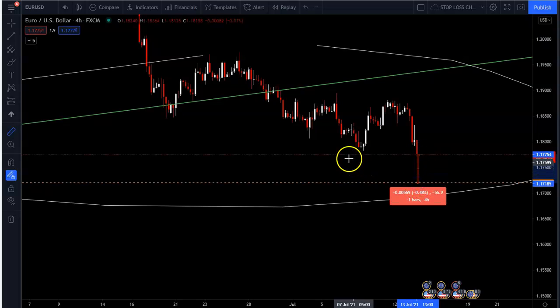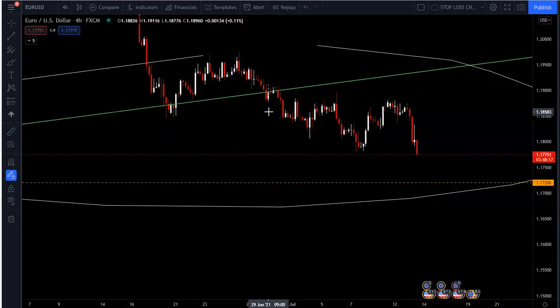All right, so that's 56 pips. That's not bad, right? All right, so this is where we had drawn our support on the monthly chart, this area here, which is the price 1.17206. All right, so price is continuing to move downward towards support at this point.